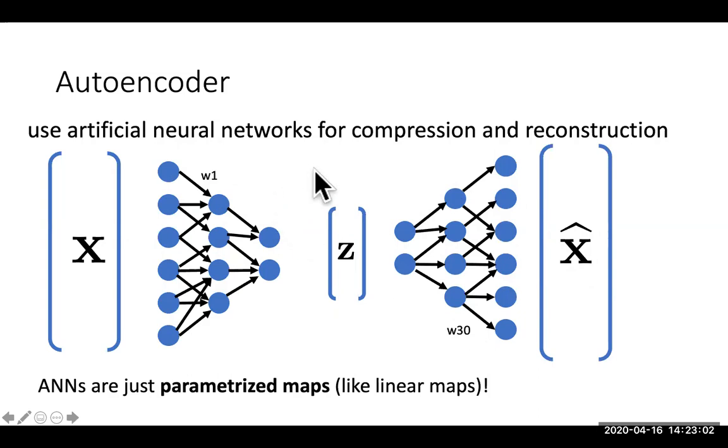I don't know if you have heard about artificial neural networks, but in a nutshell, these are just a representation of a function. And this representation involves weights, numbers that we can choose, that we can tune. And these weights we tune such that the reconstruction error is minimum.